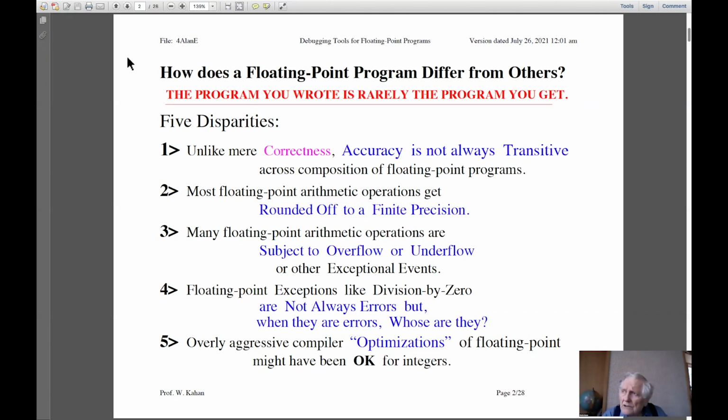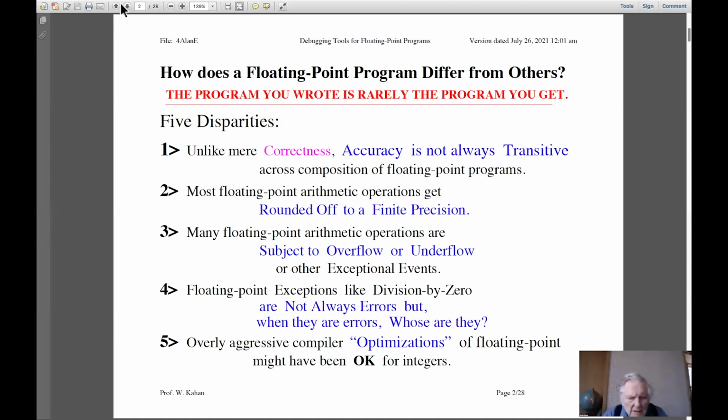In an integer program, division by zero is certainly an excuse to stop the program. But in floating point, no, sometimes there are good reasons for dividing by zero. And then finally, there are optimizations.